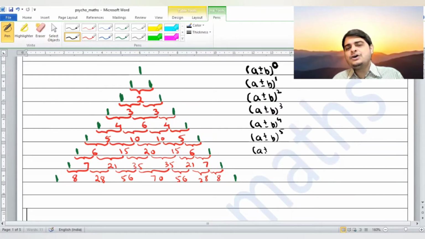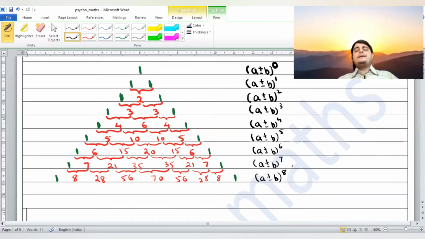So you can go till wherever you want. I know this is a bit time consuming. You won't be required till raised to 7 or raised to 8. But since it's a trick based on the power pyramid, you can keep on expanding it as much as you want. Tricks are basically for fun and quickly recollecting things without any confusion.